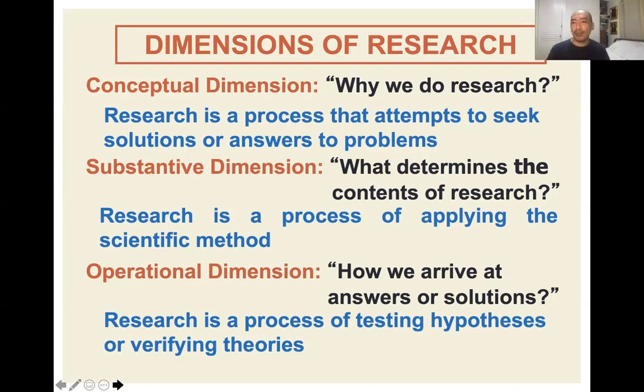Third, the operational dimension: how we arrive at answers and solutions. Well, basically, by testing hypotheses and therefore by not going to the field empty-handed, but always already with a target in mind. And by doing so, we either verify theory, unverify theory, or invalidate theory, or better yet, develop theory on our own.